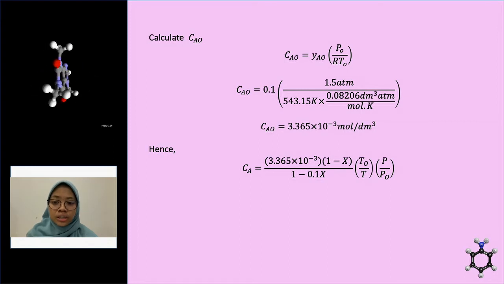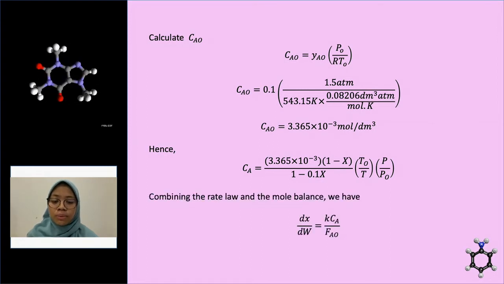To further the calculations, combining the rate law and mole balance, we have dX/dW equals k Ca over Fa0.